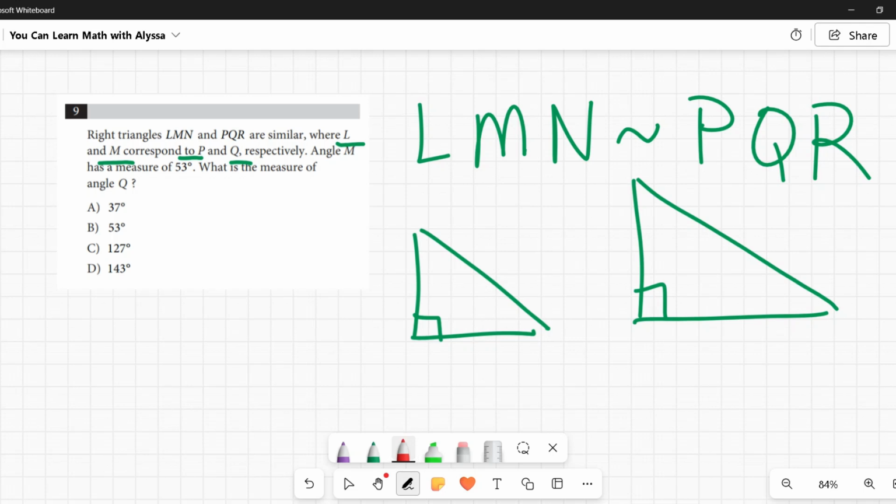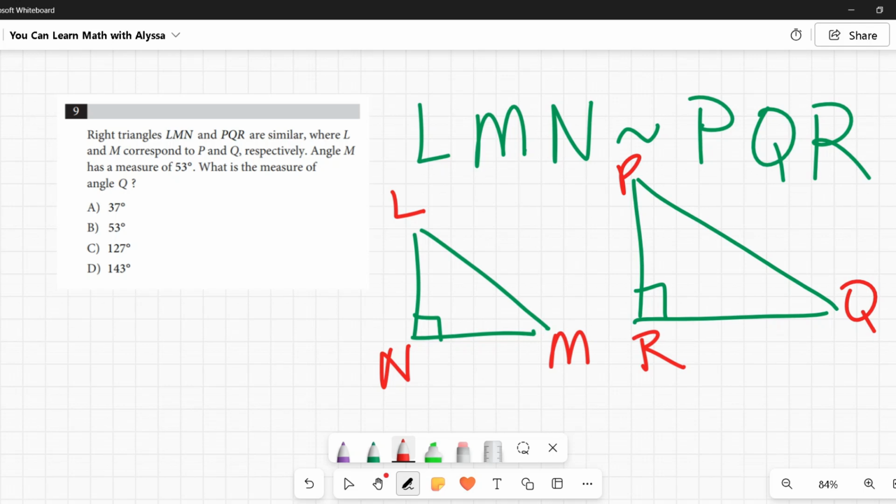Now we can draw this out. We don't have to, but if we want to, it can help us visualize it sometimes. So I'll say L, M, N, P, Q, R. L corresponds to P, M corresponds to Q, and by default, N corresponds to R.